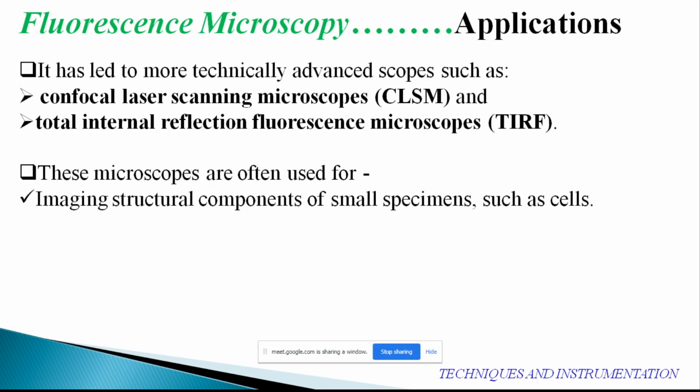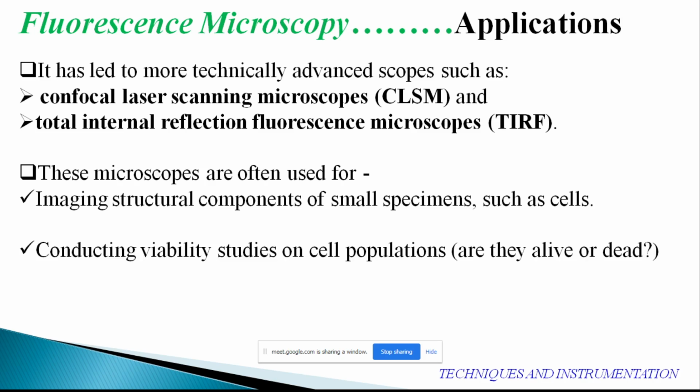In fact, for conducting viability studies on cell populations, whether they are in the active phase of their metabolic reactions or not, or sometimes whether viable or dead, this microscopy is more often used to check that.